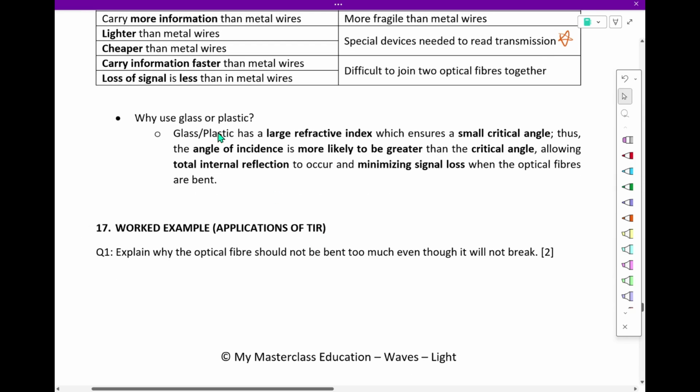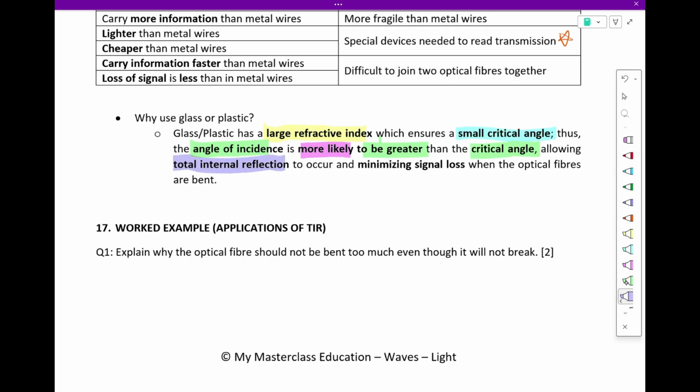Okay, so why do we use glass or plastic? Why not other materials like water or whatsoever? Number one, because they have a large refractive index, this means they have a small critical angle, and we are talking about chance. We are more likely for the angle of incidence to be greater than the critical angle. So if you are bigger than the critical angle, what happens?